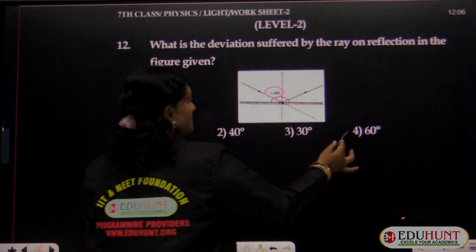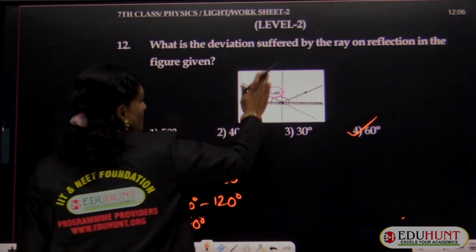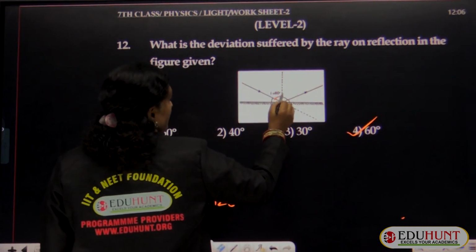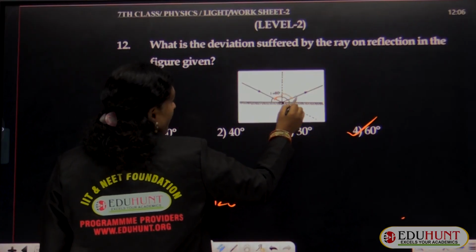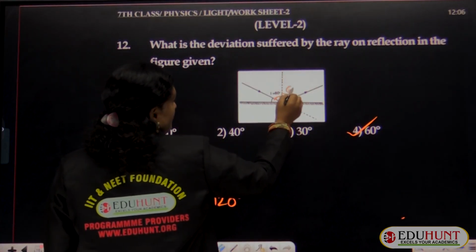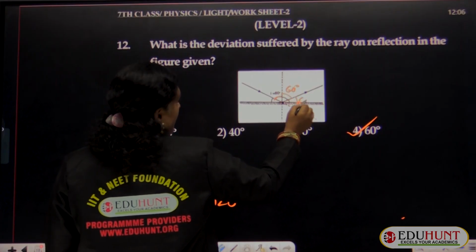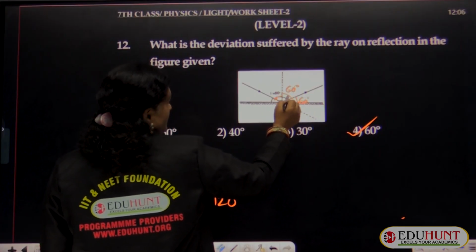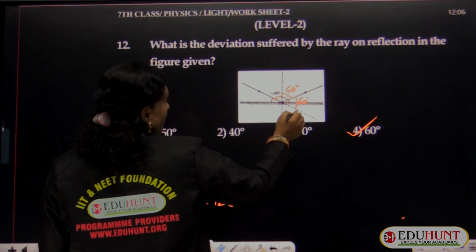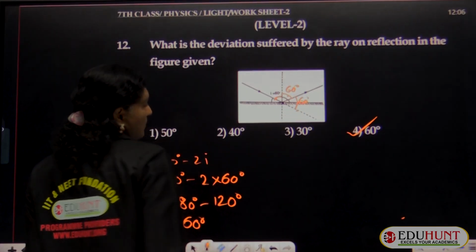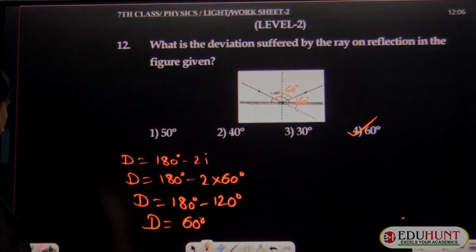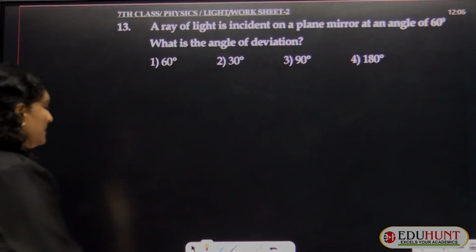Hence, the correct option is option 4. So, the incident angle is 60, the reflection is also 60, and even the deviation is also 60. Because i is equal to r, 60, 60, 120, and the remaining is 60. So, 180. Clear?